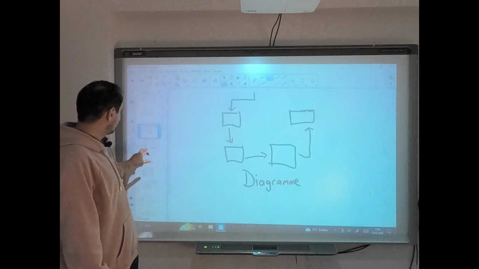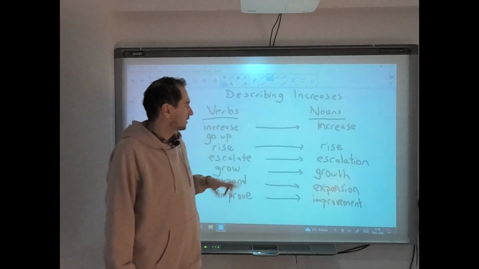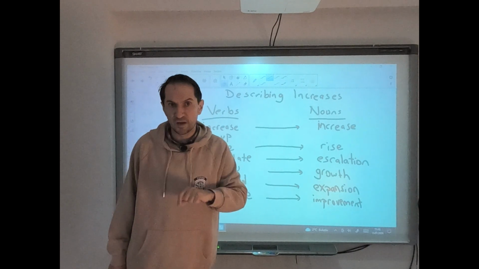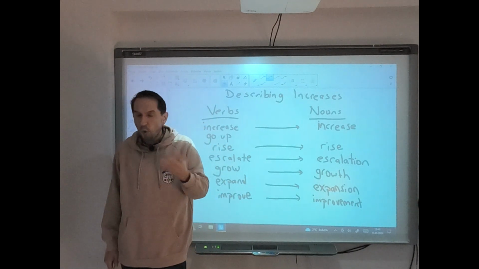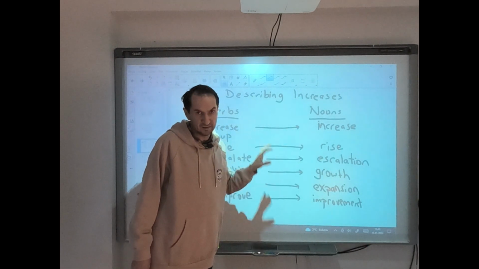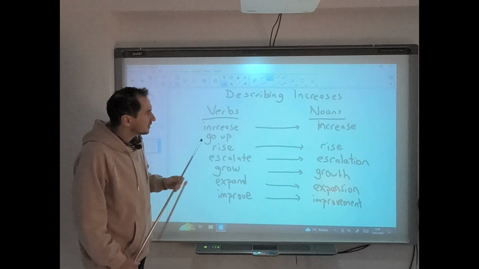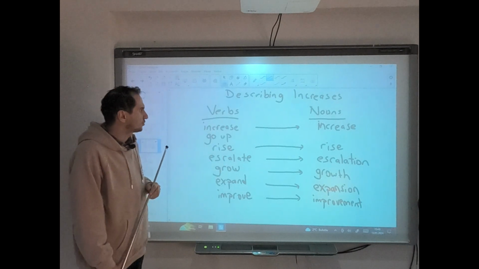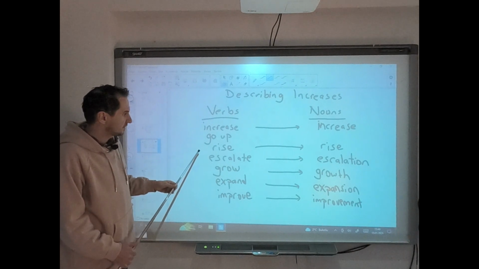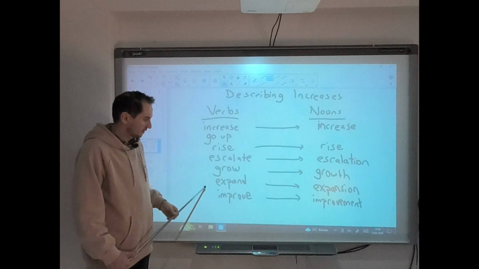Okay, so the next part is the important vocabulary. I will start with the verbs describing increases and the nouns that describe increases. You must know all of them separately because using them in a sentence varies as well, so be careful. Now, to describe increases, what you can use is increase, go up, rise, escalate, grow, expand, and improve.